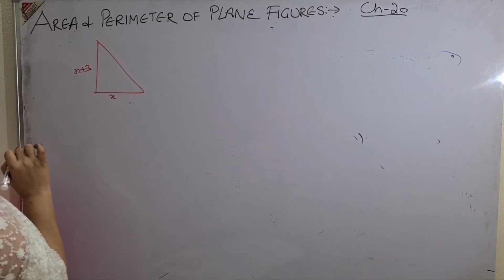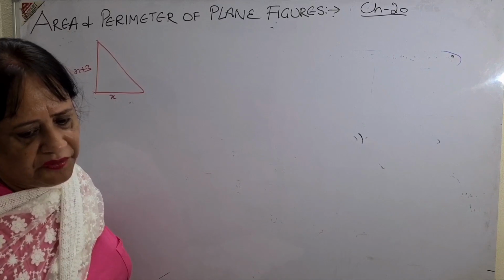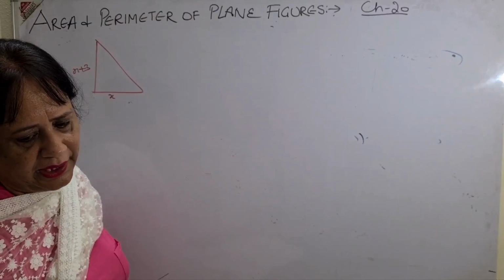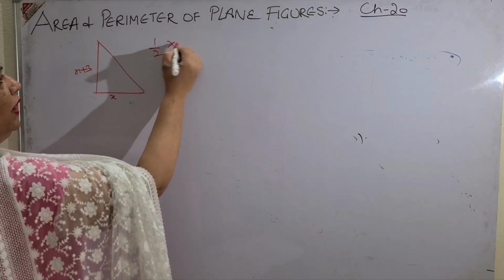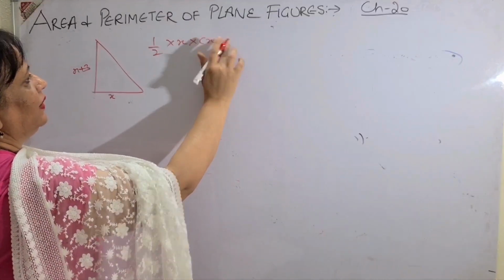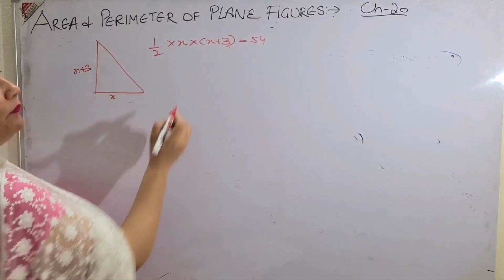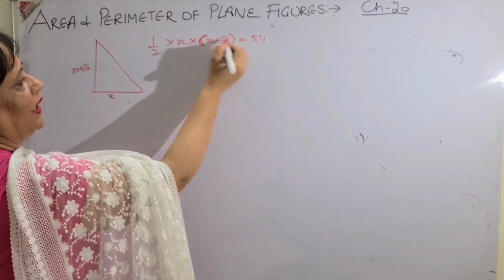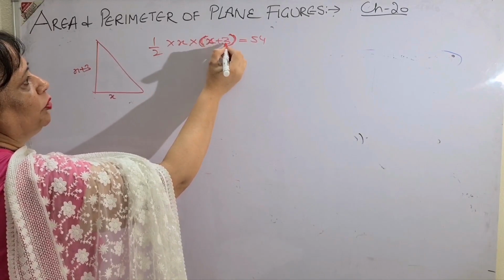That is all. He says that the difference between the two sides of right angle triangle is 3 centimeter and the area is 54. So half into x, x plus 3 centimeter is equal to 54. And children, remember to put the side in the bracket.